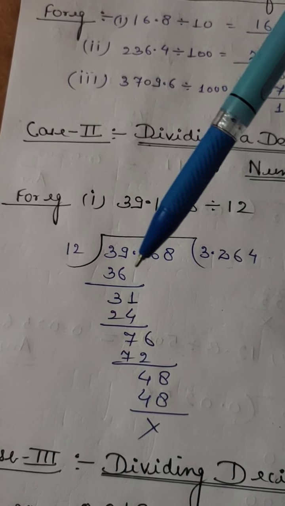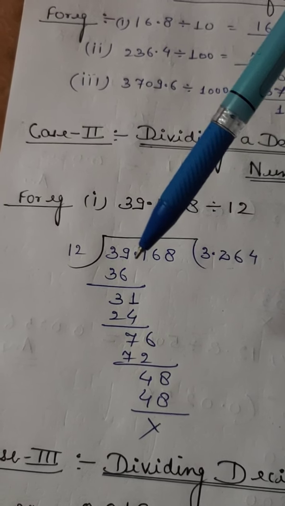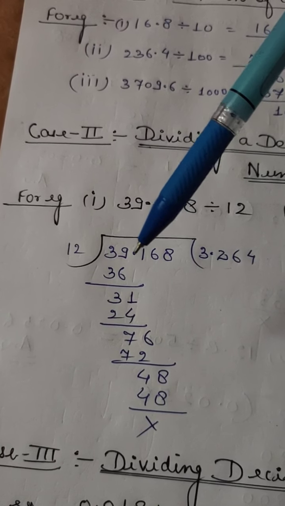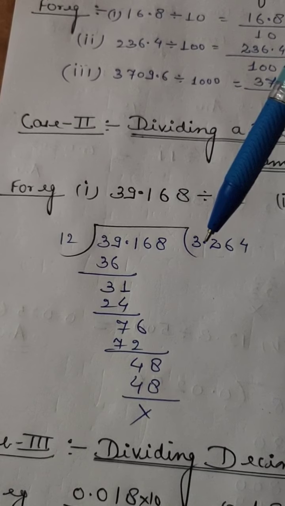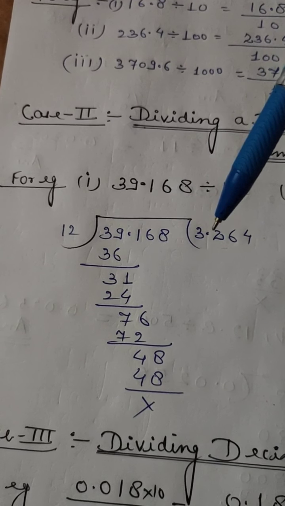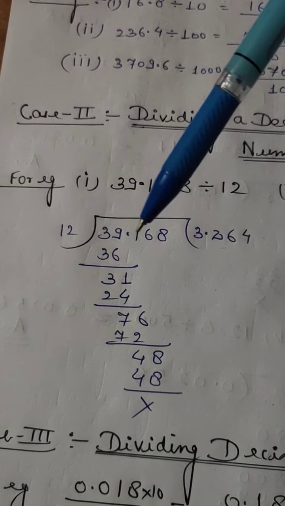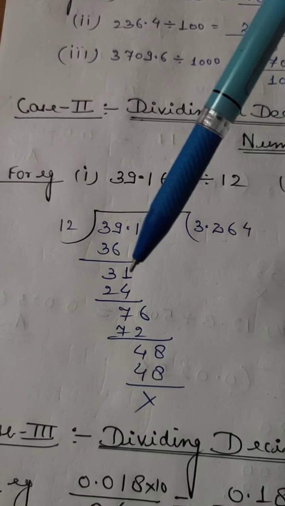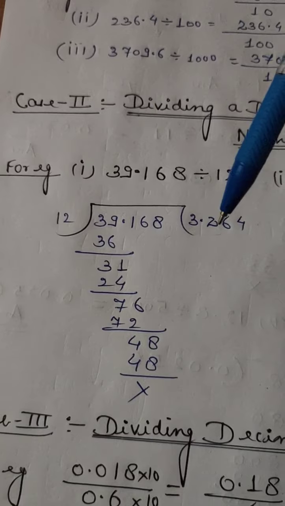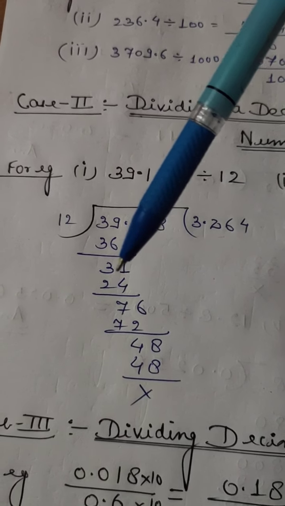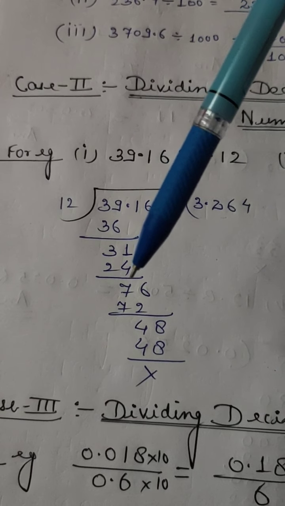Then whatever decimal sign is present here, we have just put that in the quotient. Then we have taken out the carry part. Then again we have performed the division. 12 2s are 24. Then subtraction is performed.